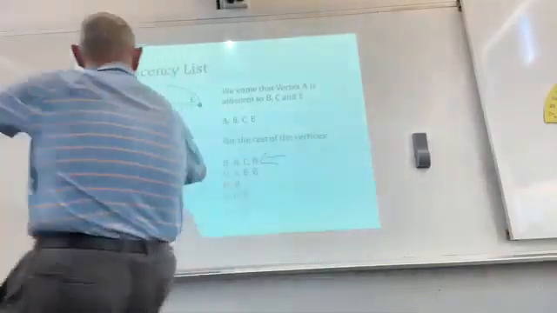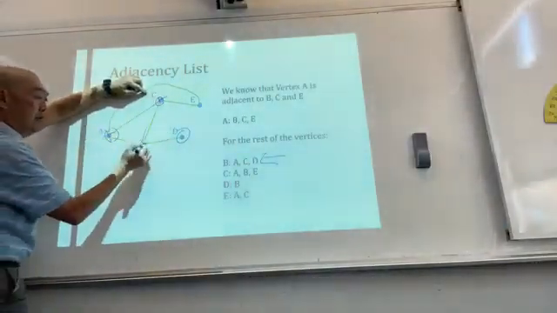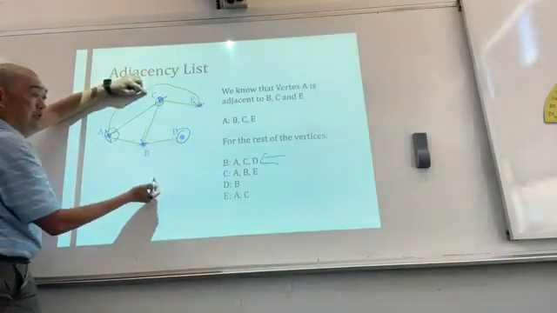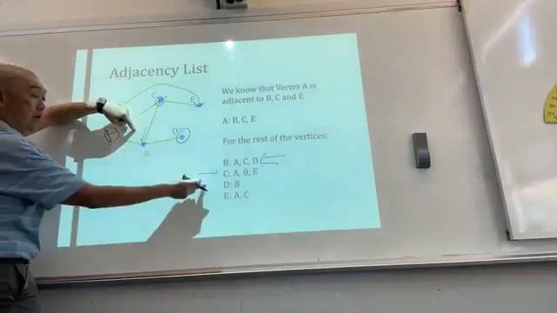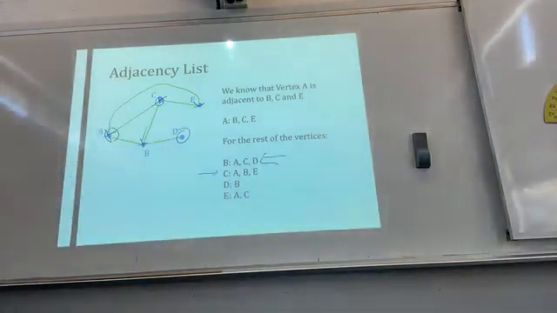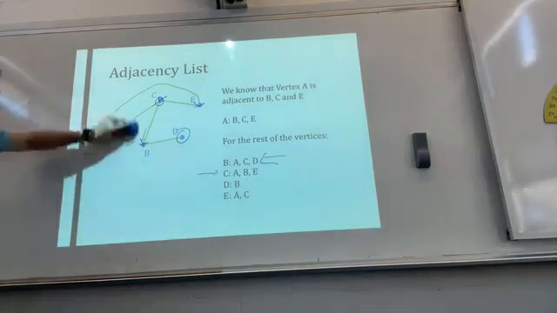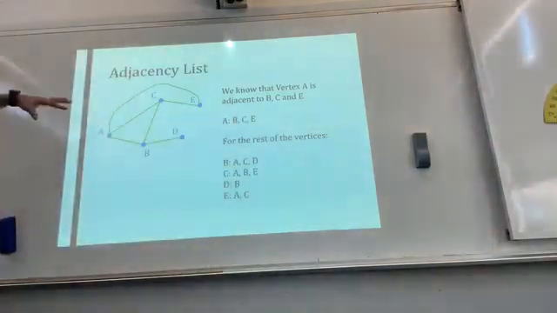C is adjacent to A, B, and E. So that's how you list it. D is only adjacent to B, and E is only adjacent to A and C. So if you're given this, you should be able to draw your graph. You have to be able to read the adjacency list and then think about the graph.